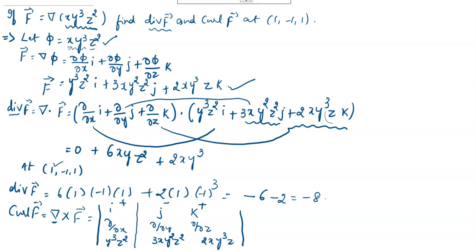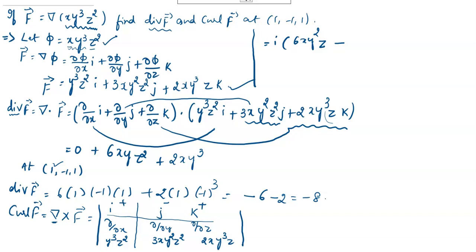Delete the first row and the first column, and you get a 2 cross 2 determinant. Expand it as i into the differentiation of 2 x y cube z with respect to y, which is 6 x y square z, minus the differentiation of 3 x y square z square with respect to z.